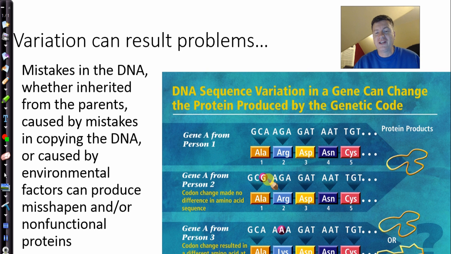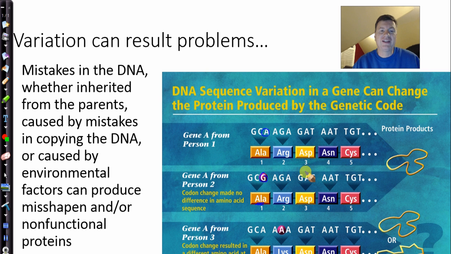You could have a change in the DNA, like you see here. We've changed an A to a G, and notice, just because of the way the DNA is coded from DNA to amino acids, that particular change didn't cause any change in the amino acids, so there was no change in the protein.